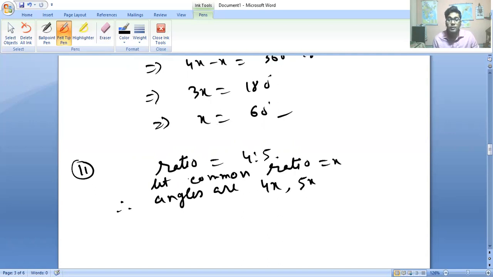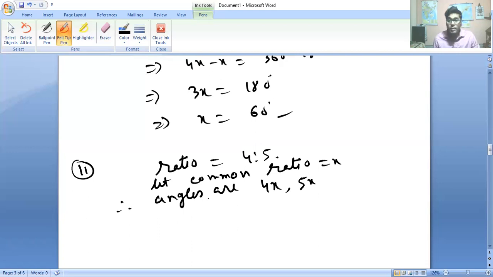Remember, if a ratio is given, you take a common ratio and then you multiply each of the numbers by that common ratio, so you get the required angles. Here, in this case, angles. It may be some other thing for other cases. Okay. Angles are 4x and 5x.